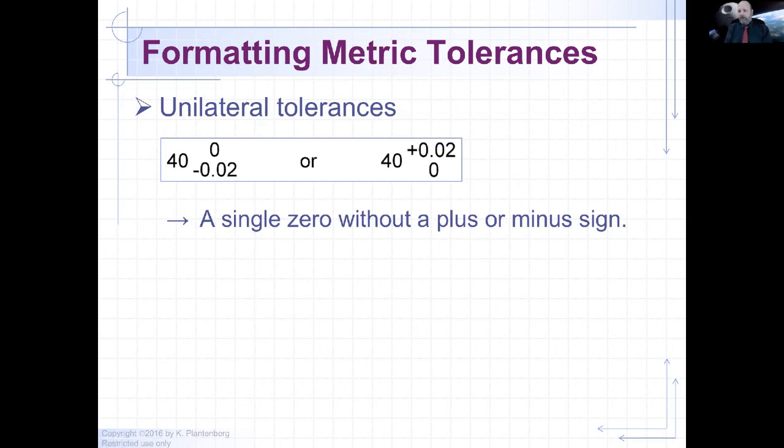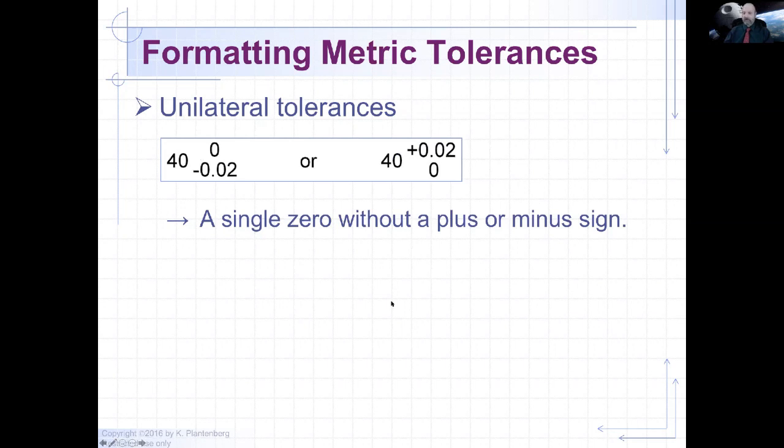You have unilateral tolerances, which means that you want a 40, and it can't get bigger than a 40, but it can get smaller. That might be a shaft, to make sure it always fits in the hole. And then the hole has to be 40 or bigger. So this might be a unilateral tolerance for a hole, and this might be a unilateral tolerance for a shaft.